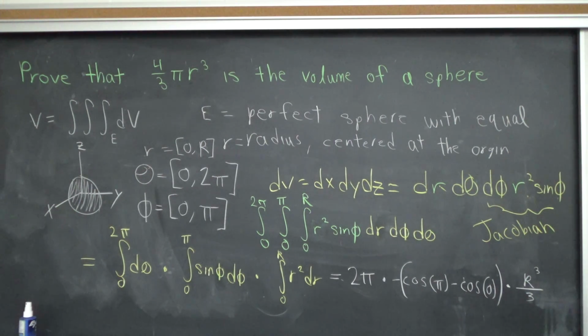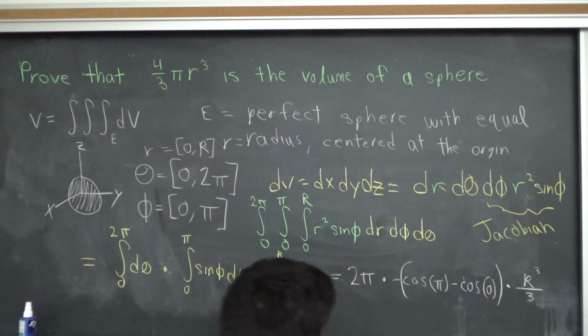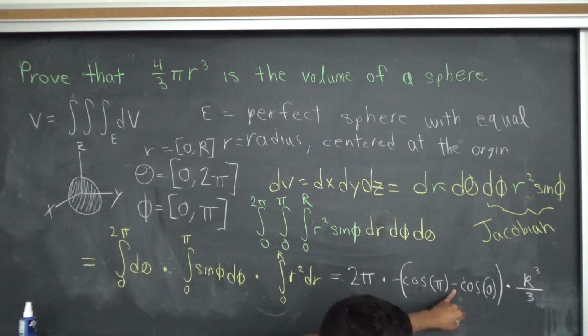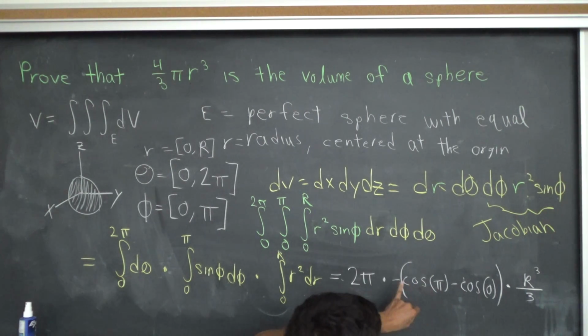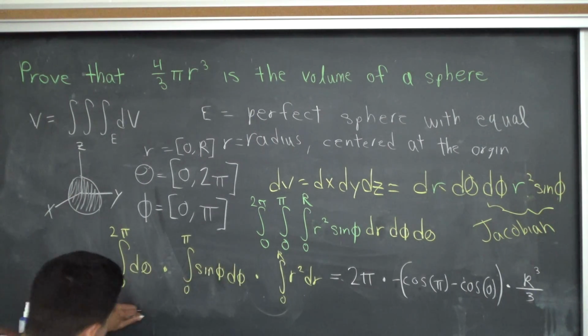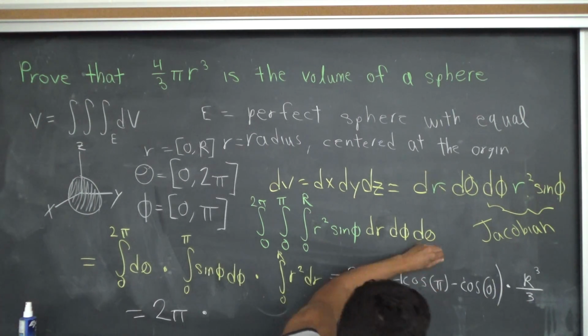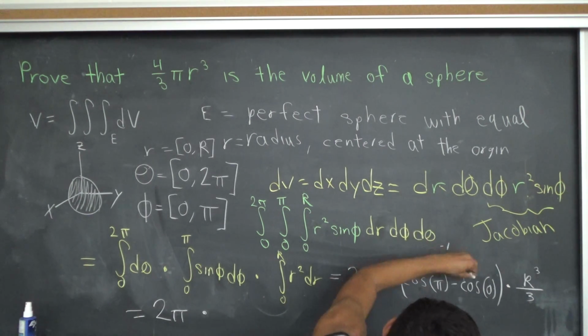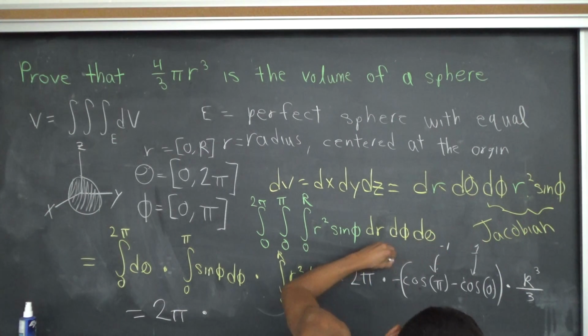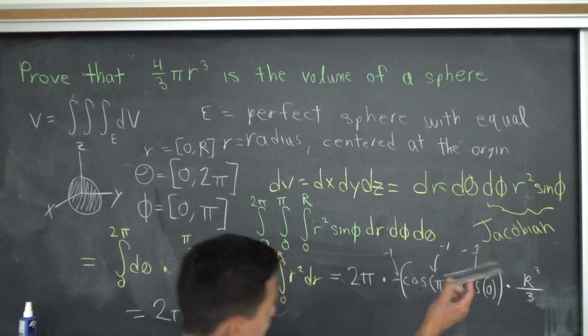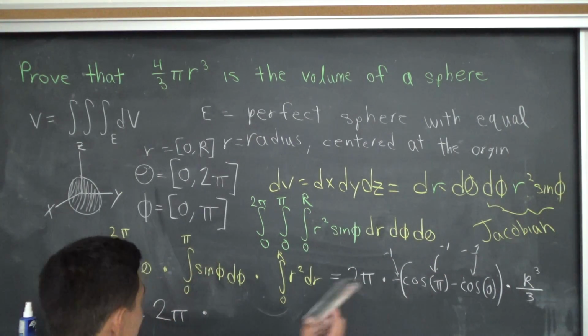Right, so there we go. Cosine pi is negative 1, cosine 0 is 1. So negative 1 minus 1 is negative 2, and with the negative factored out, negative 2 times negative 1 is 2.